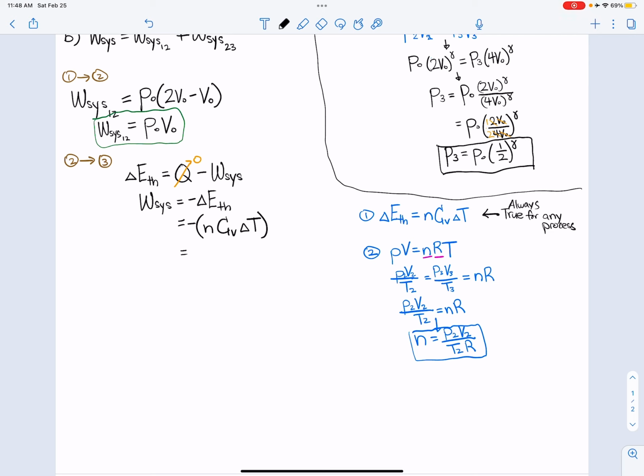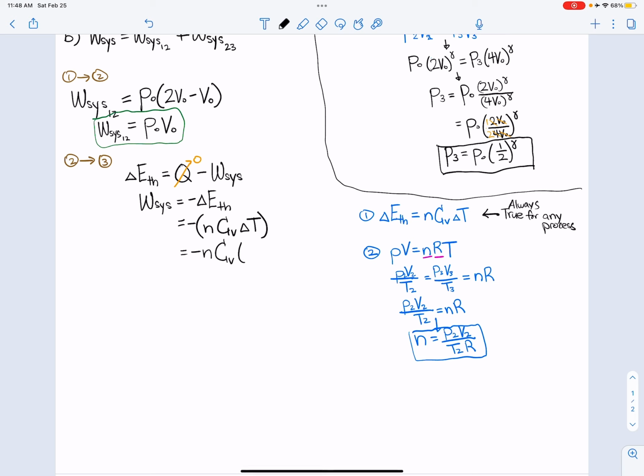But also I don't know what is my delta T, actually. That's another thing, right? So now I've got negative n CV. I could get rid of this parentheses. So negative n CV, and delta T is really what?